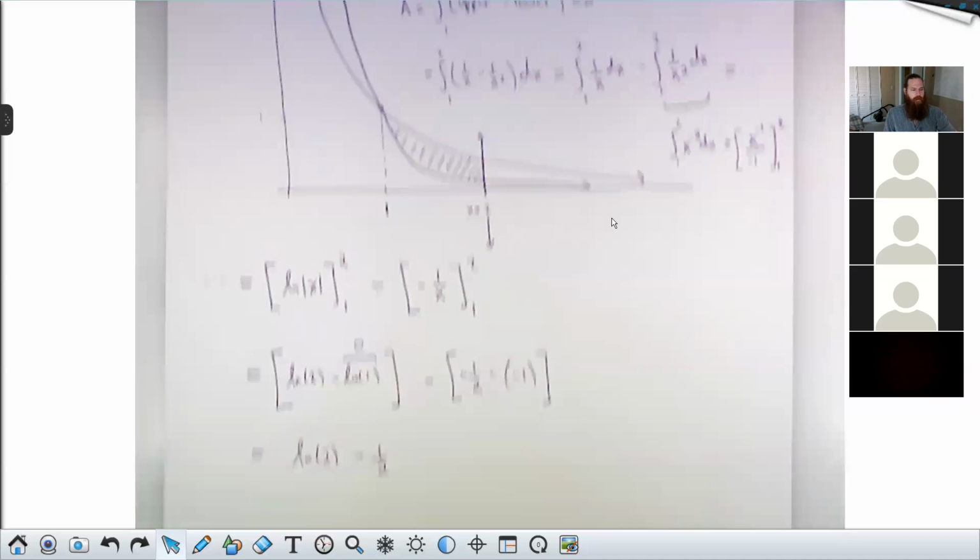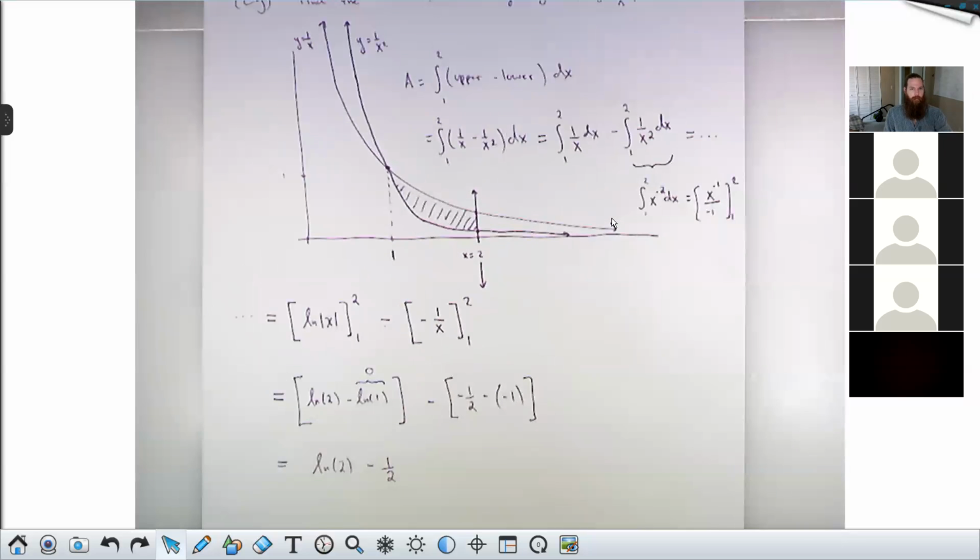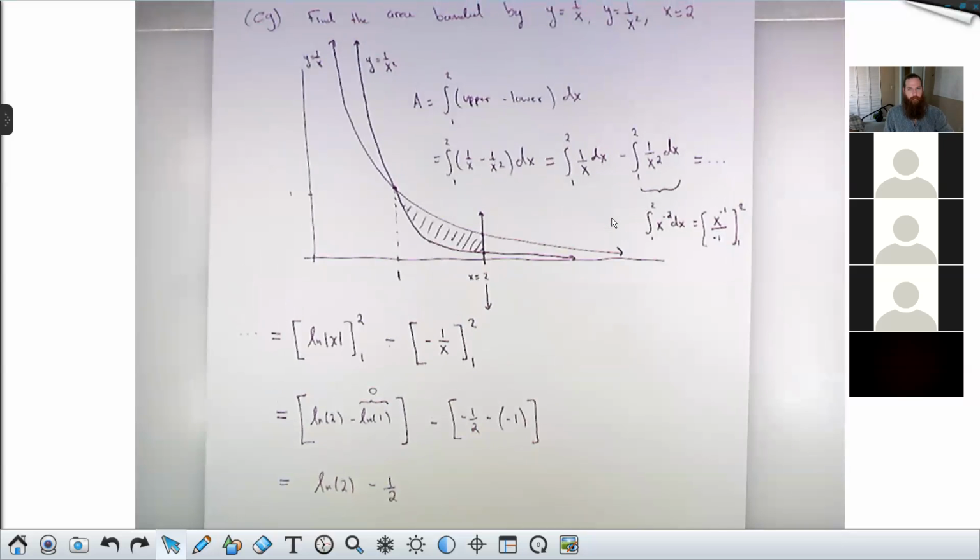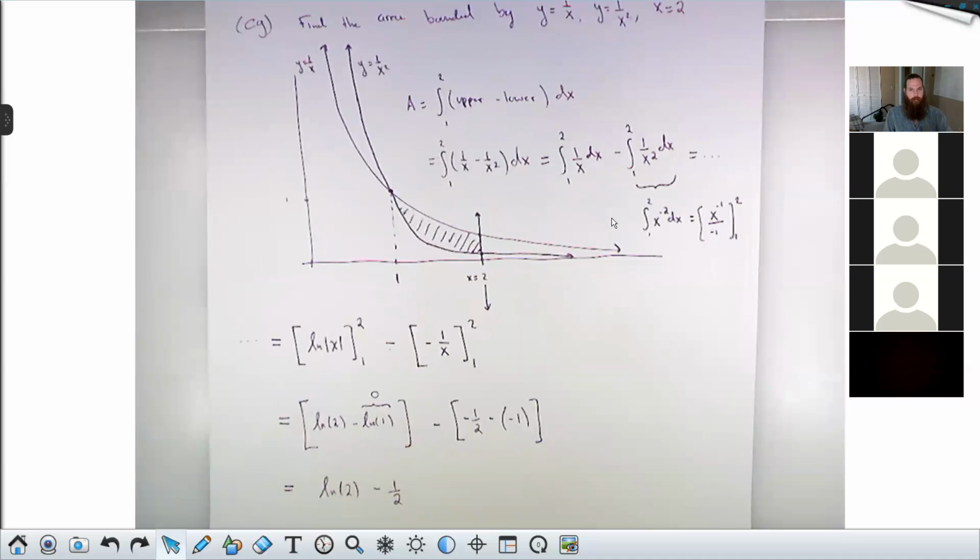Any questions on this guy? Why did we separate both the terms when we started integrating it? You didn't have to. You could just say the antiderivative for this is ln x minus 1 over x, and that would work just fine.